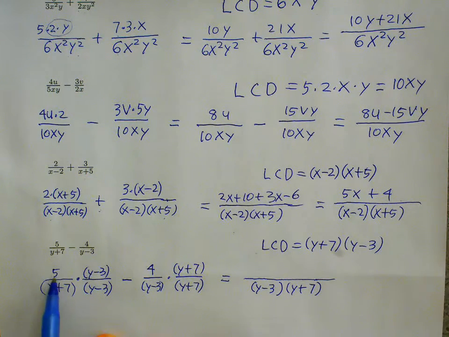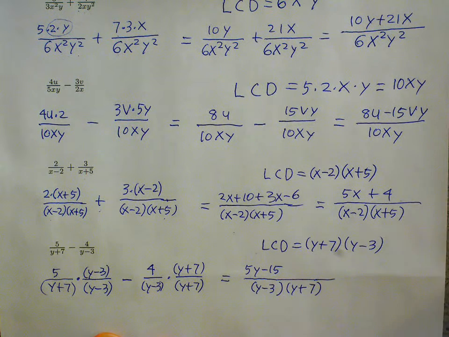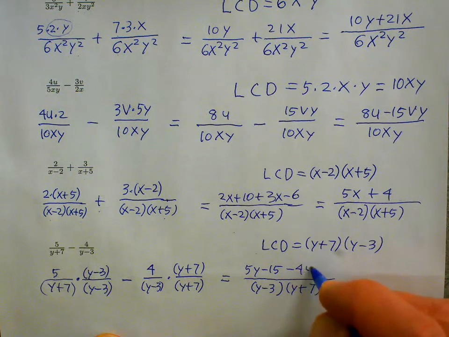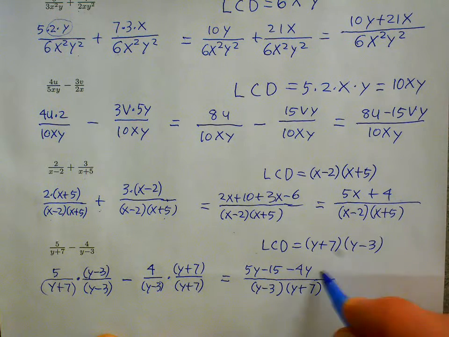And then on the left, in the numerator, 5 times the quantity y minus 3 is 5y minus 15. And here you have to make sure you subtract the product of 4 times y plus 7. We have to subtract 4 times y. And we also must subtract 4 times 7, so minus 28.